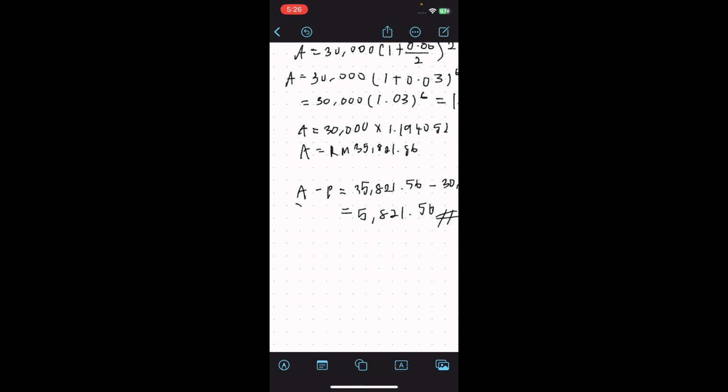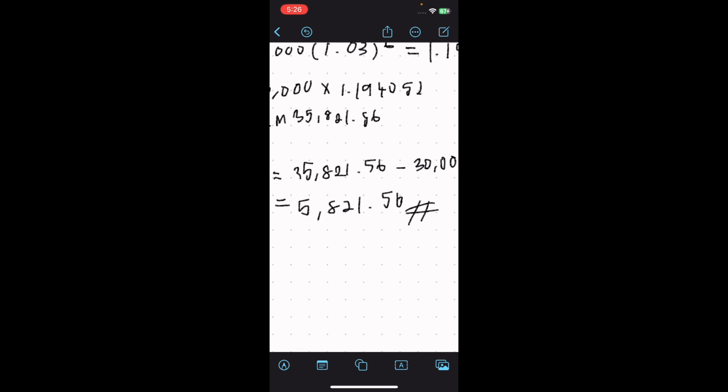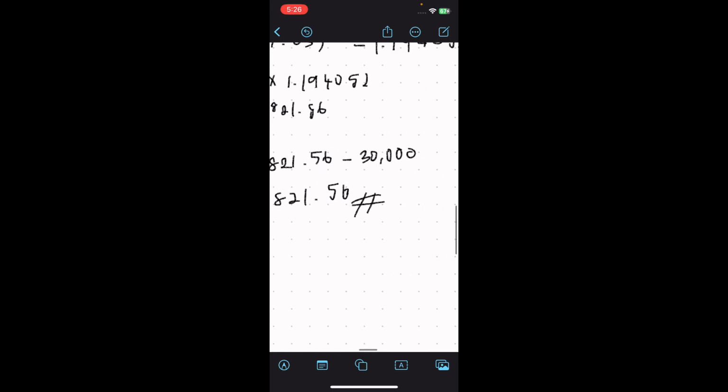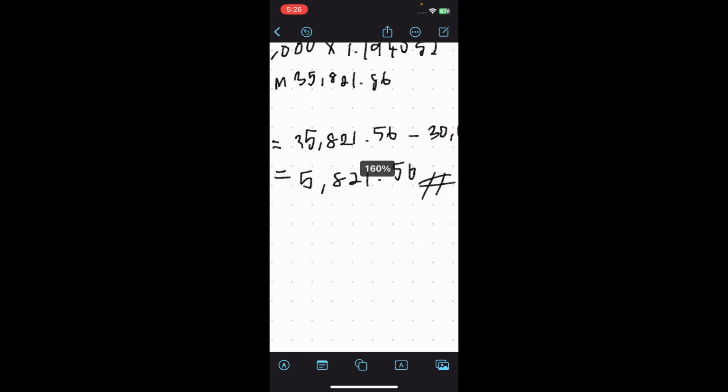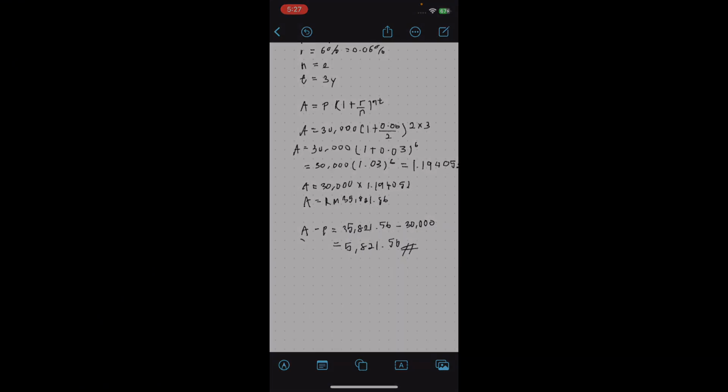And lastly, you need to find the compound interest, and the formula is A minus the P, which is equal to 35,821.56 cents minus 30,000, and lastly you will get the answer 5,821.56 cents. Okay, that's all.